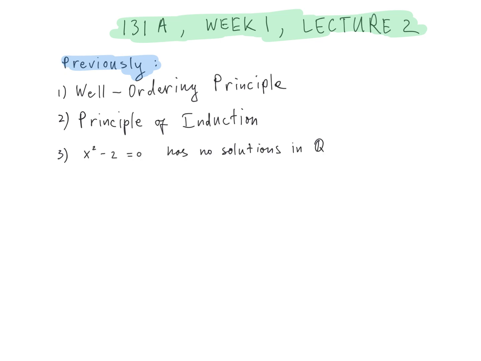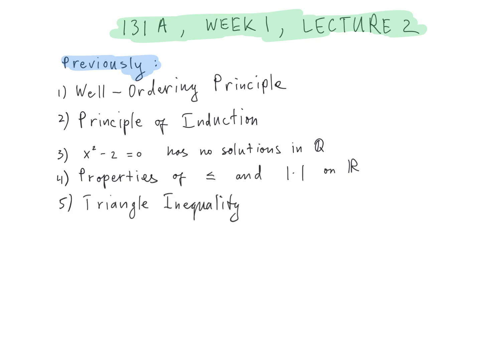Third, we have demonstrated that the equation x squared minus 2 equals 0 has no rational solutions, motivating the introduction of a larger number system R. We have discussed various properties of the ordering and the absolute value on the real numbers. And finally, we have established the triangle inequality and the associated reverse triangle inequality.